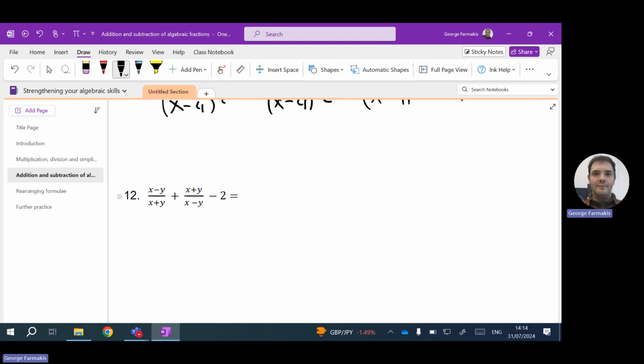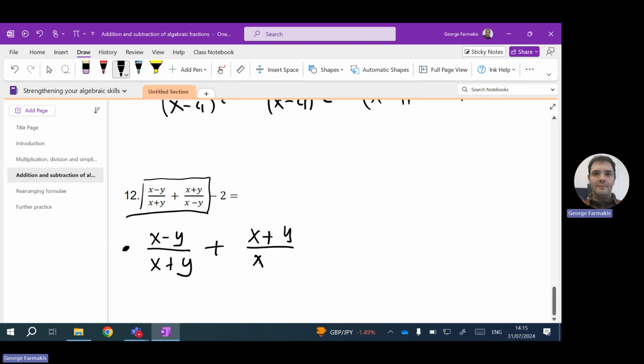Okay, so how can we go about this calculation? Let's first only add the algebraic fractions, and then we're going to subtract the 2. So let's do it step by step. (x minus y) over (x plus y), plus (x plus y) over (x minus y).